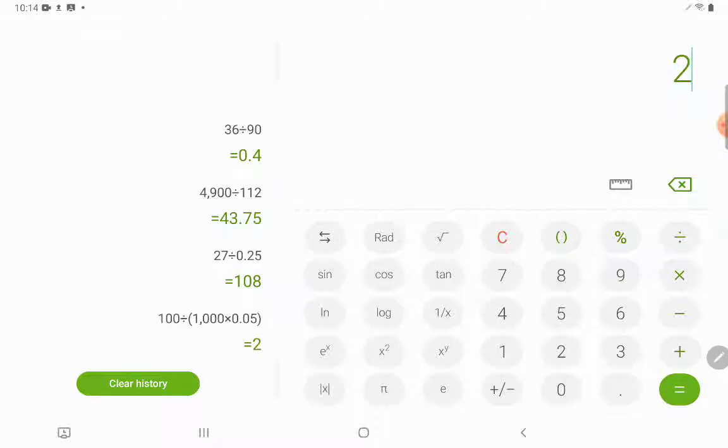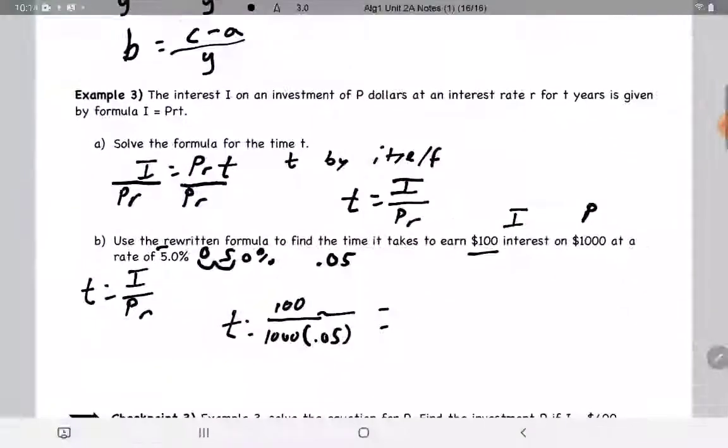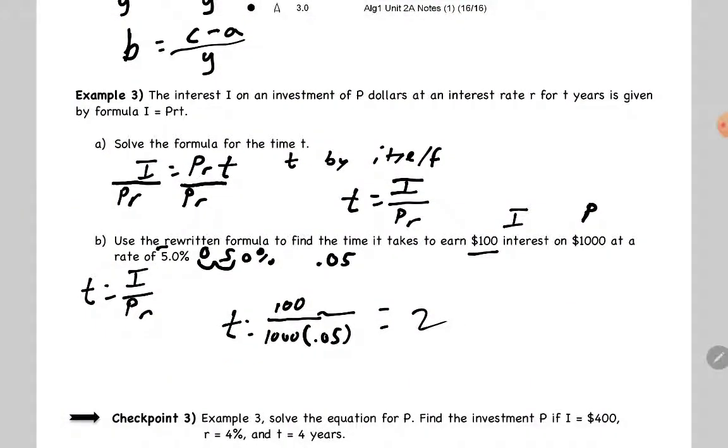I got answer 2. What does 2 mean as t? They said t years. So 2 years to make $100 off that $1,000 investment if it gives you an interest rate of 5%.